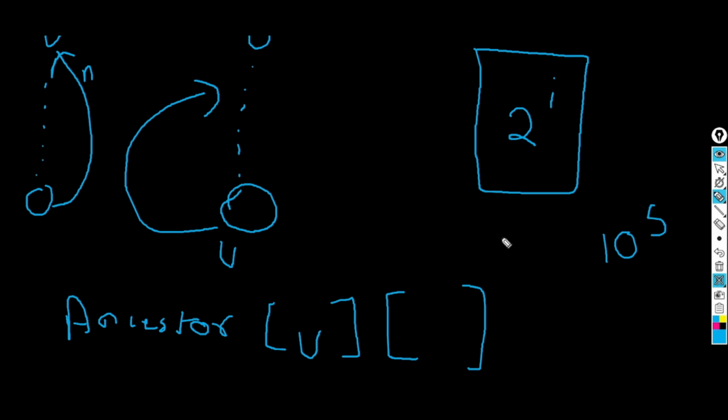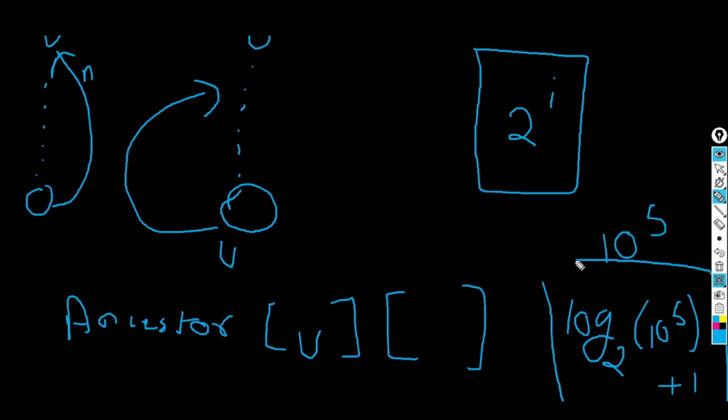And since we are dealing with 2 to the power i, the number of ancestors that we are going to store for a particular node is going to be this much, and this is around 18 or 19. So that's the first thing.